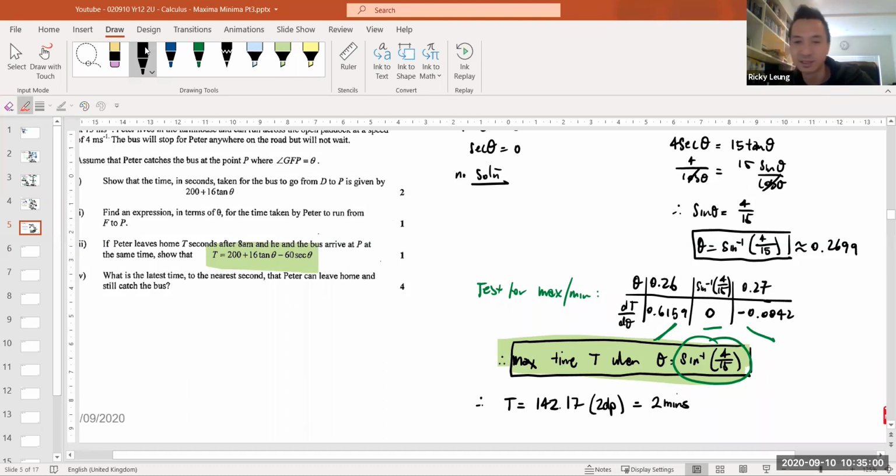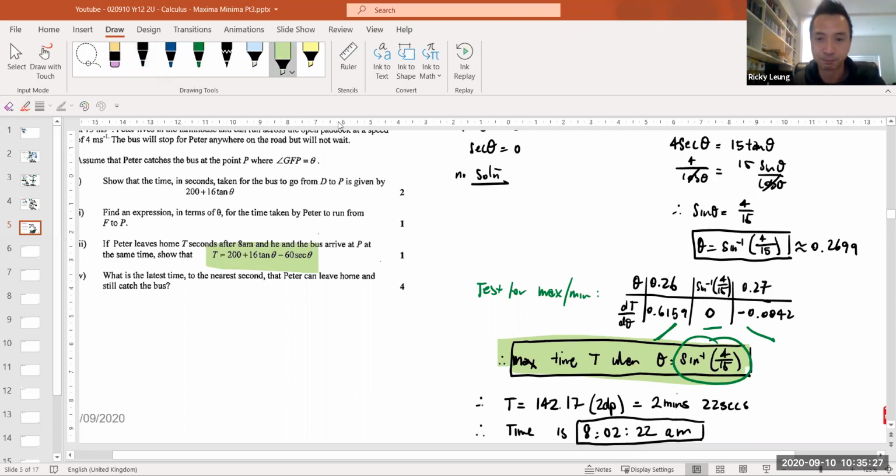Be 2 minutes and, so 22 seconds. So 2 minutes and 22 seconds. And remember, capital T is the time after 8 a.m. So therefore, time is 8:02 and, well, 22 seconds. Maybe you can write it like 8:02:22 a.m. That's the final answer. How's that?